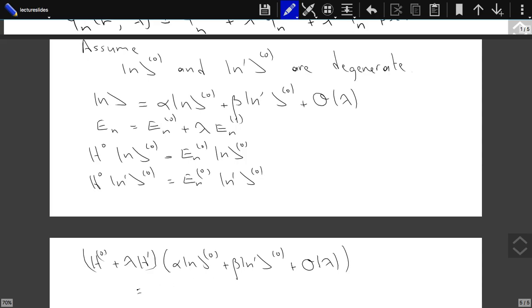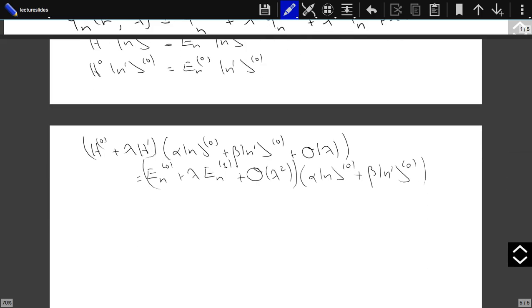This should be equal to En0 plus lambda En1 plus terms of the order of lambda squared, multiplied with alpha N0 plus beta N prime 0 plus lambda, the first correction, plus order of lambda squared.